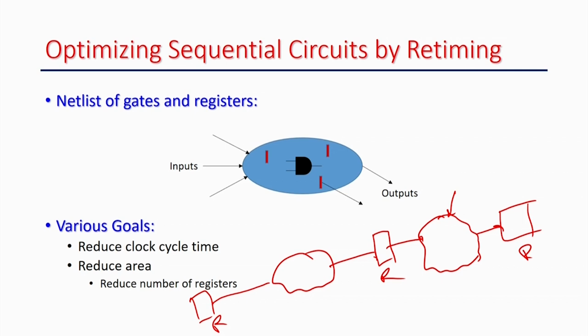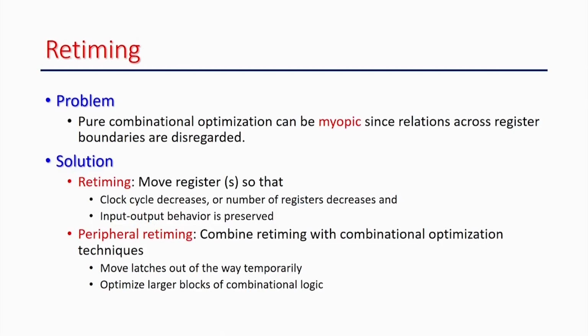But at the end of the day, if the registers are very far apart and the combinational circuit between them is very long, whatever combinational optimization you do may not be sufficient to reach your target clock, right.